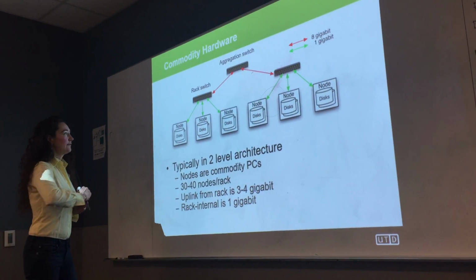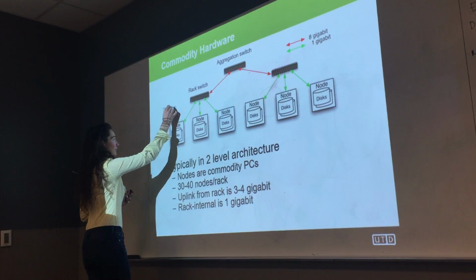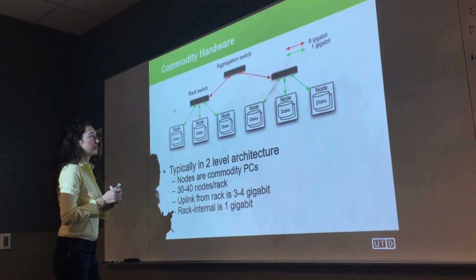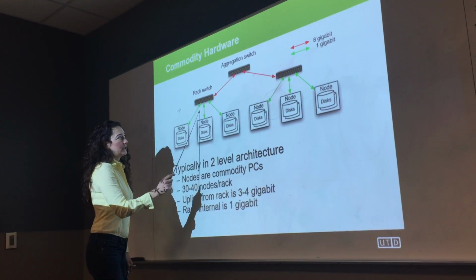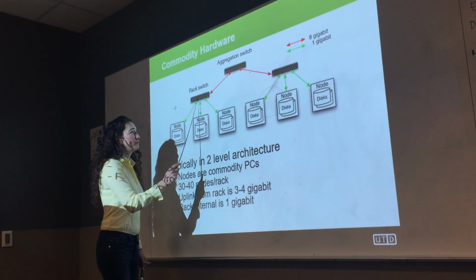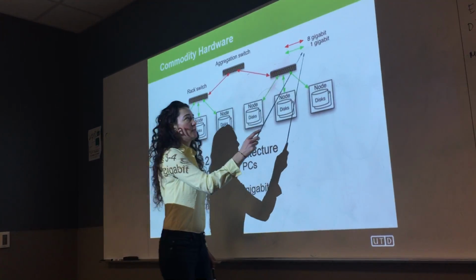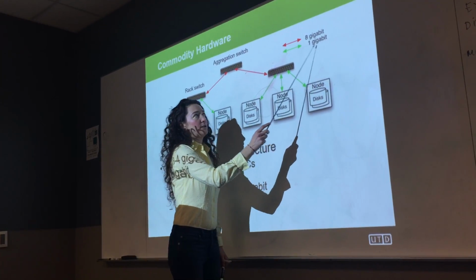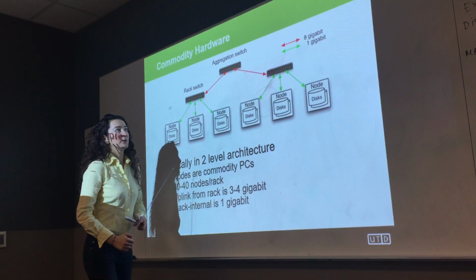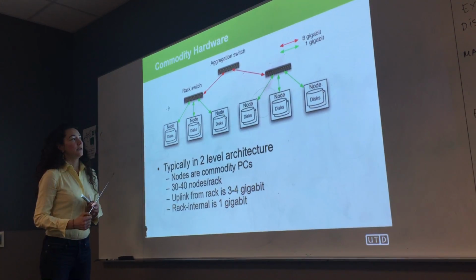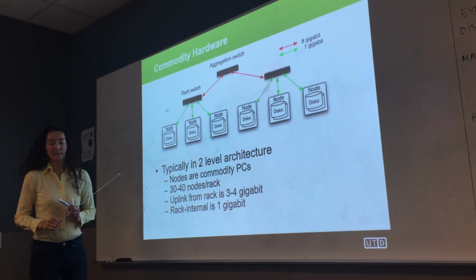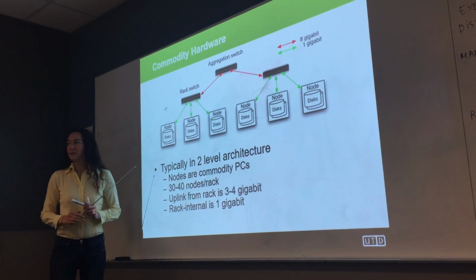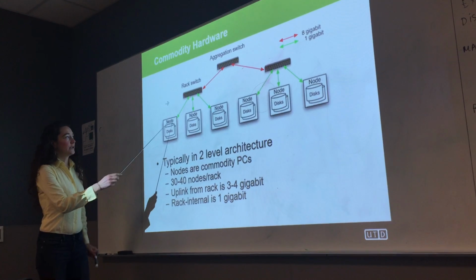The one level is here, which is the green level, with the green arrows. These nodes are connected together through a network switch, and the bandwidth is such that they can transfer 1 gigabit of data per second. So that is the speed of that particular network connection.